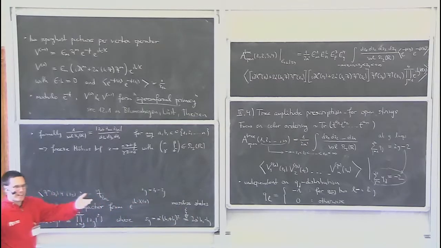So when I'm not sure about this, I go back to the 3-point function and demand that it changes sign if I change 1, 3 against 3, 1. But this is a very result-oriented way of proceeding.